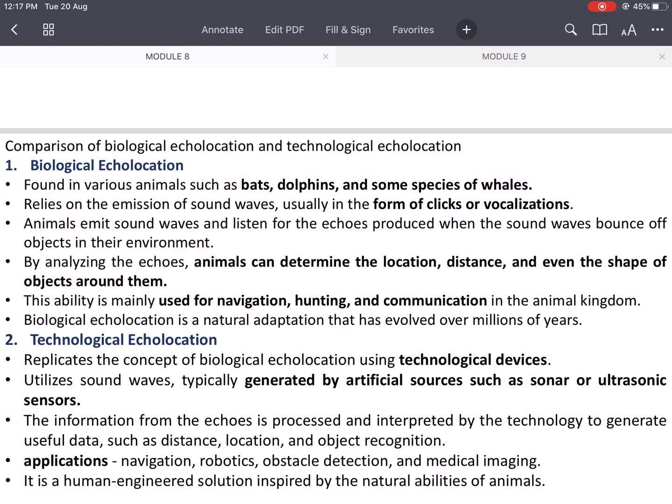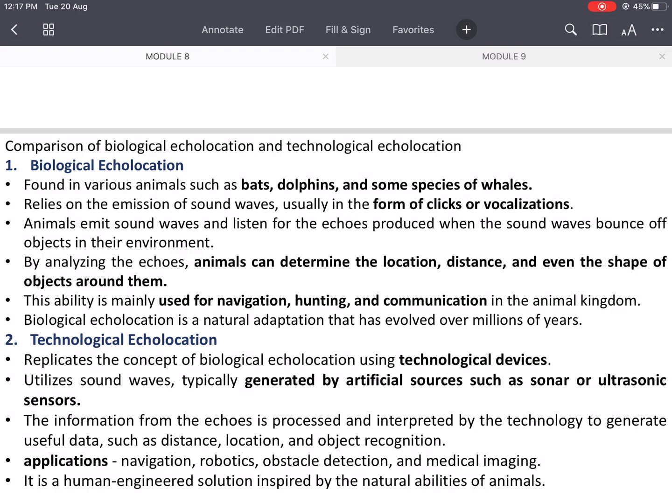First, biological. These are found in many sea creatures like dolphins and whales. You might have heard how dolphins and whales make a huge sound. Basically they are ultrasonic or sound waves.